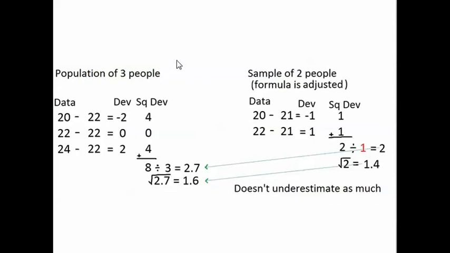But it turns out that if you want to do a statistical inference in which you use a sample variance to estimate a population variance, or a sample standard deviation to estimate a population standard deviation, you have to do an adjustment to the sample value if you want it to be a good estimate of the population value. And that's true even if your sample was random.